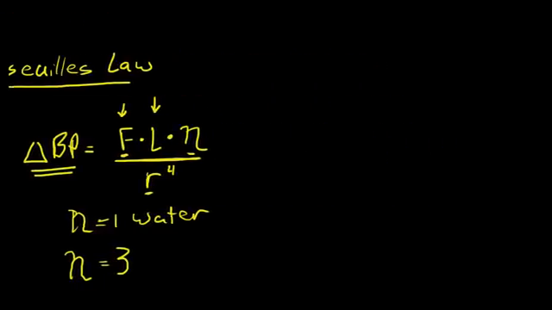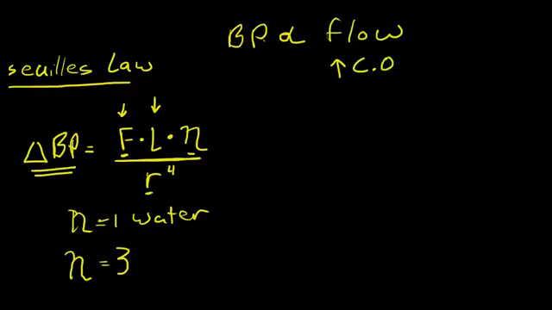Well, basically blood pressure is directly proportional to flow, on a one-to-one basis. So if you increase cardiac output from 4 to 8, a 100% increase, you are going to have an equivalent increase in blood pressure.